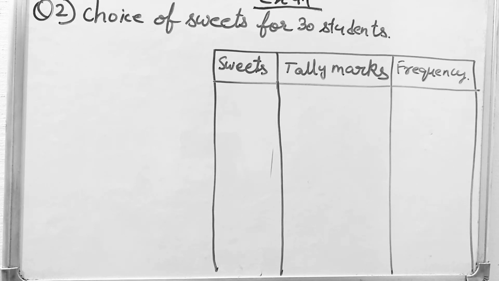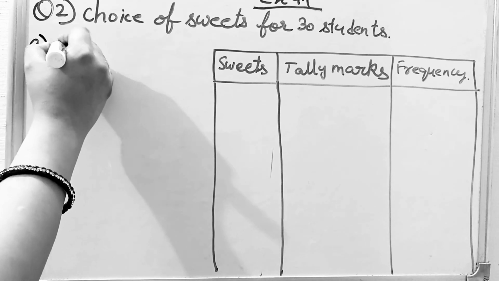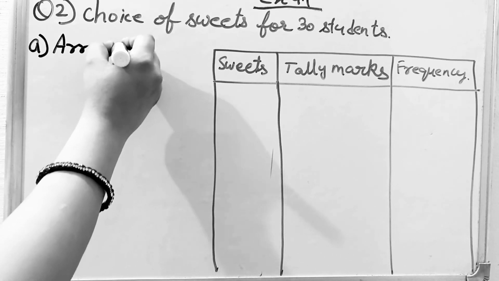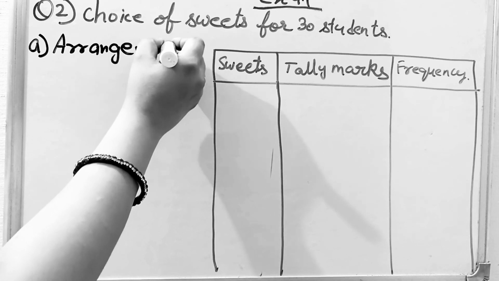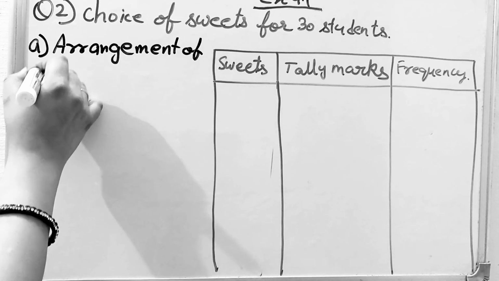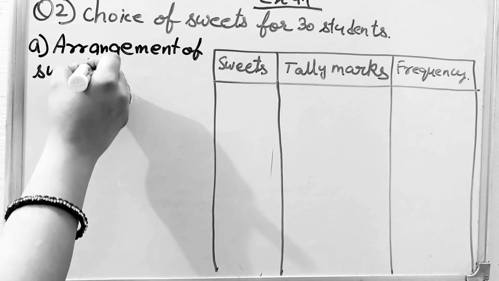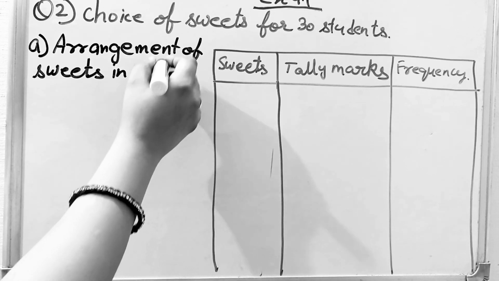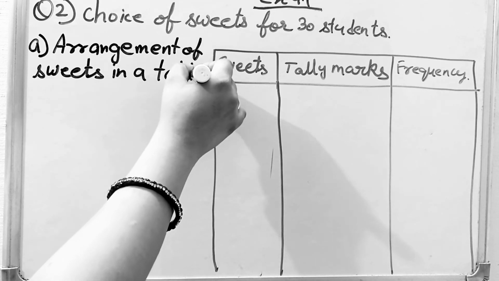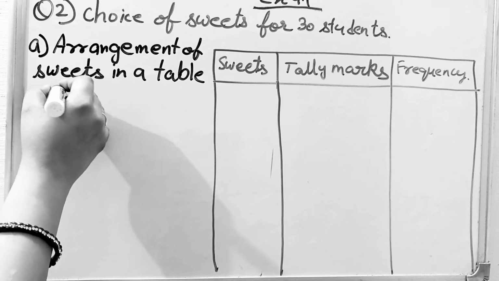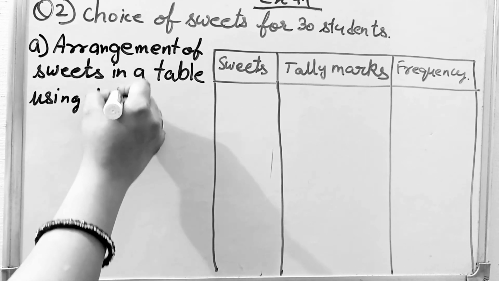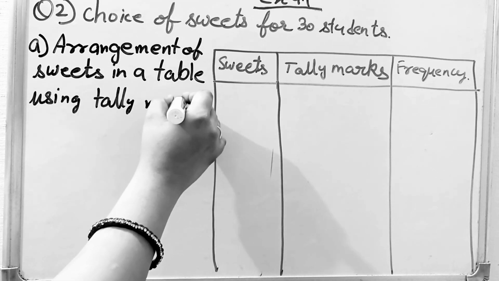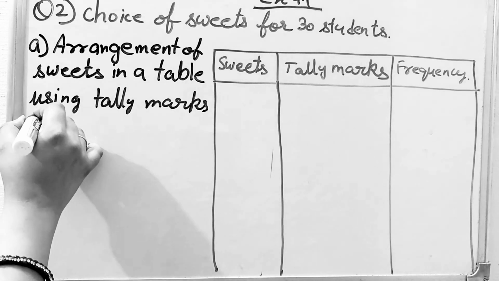Now you are asked in part A to arrange the names of sweets in a table using tallymarks. So the solution for the first one is: arrangement of sweets in a table using tallymarks is as follows.